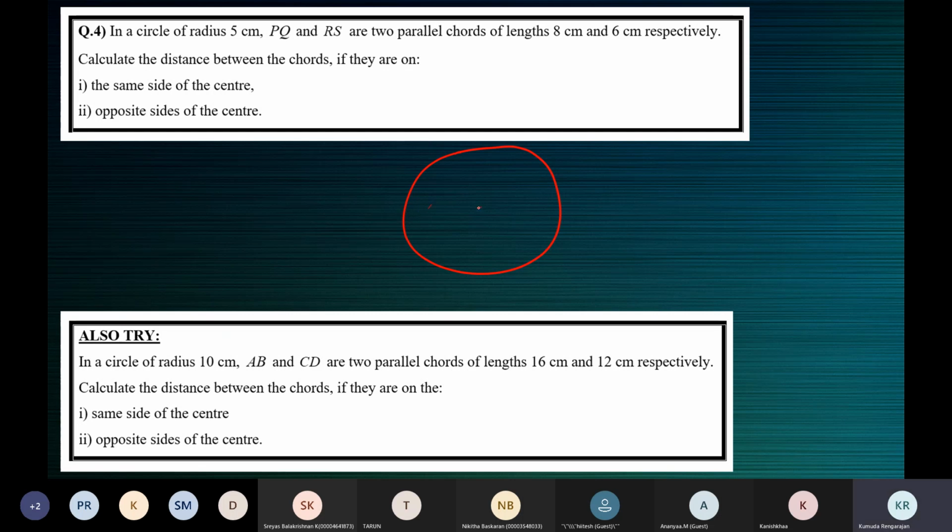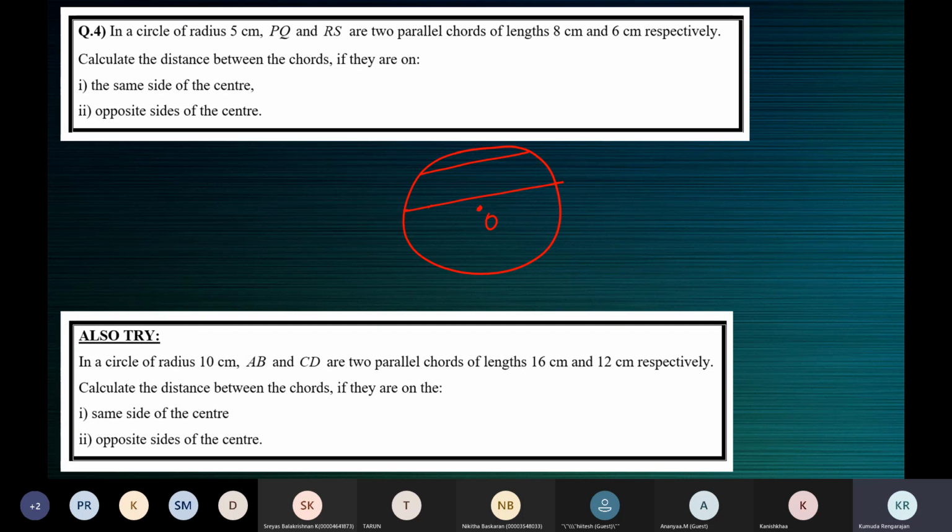So this is the center of the circle. Now, say both of them are like this and like this. I've told you that the perpendicular bisectors of the parallel chords will coincide. I've told you when we had a situation like this: given an arc of a circle, complete the circle.